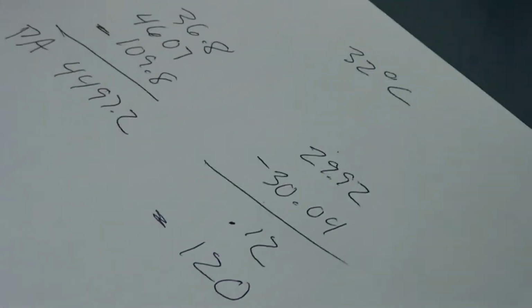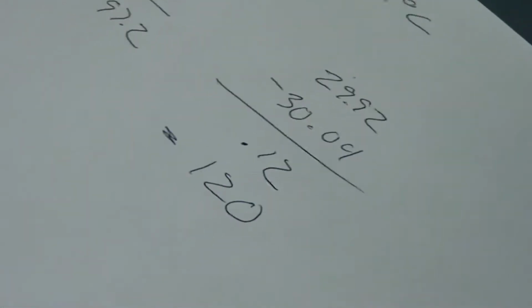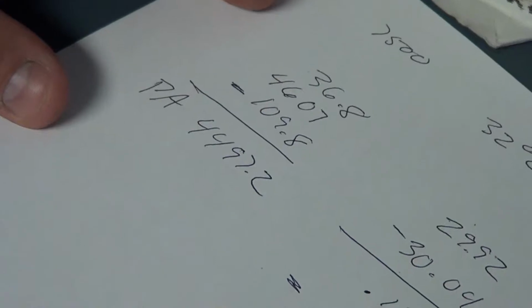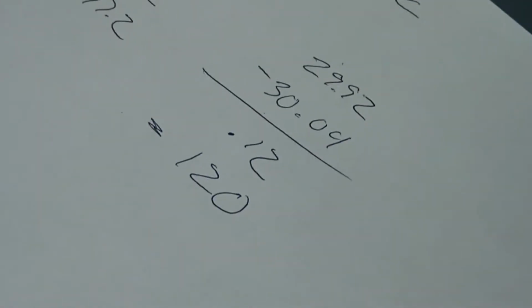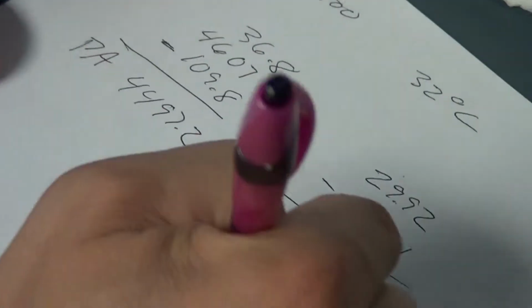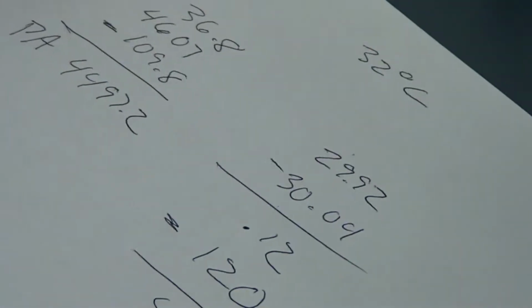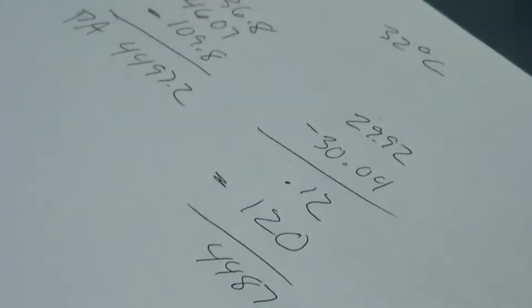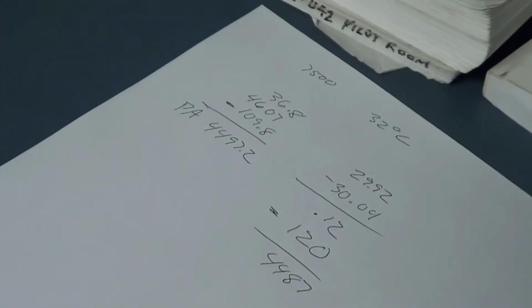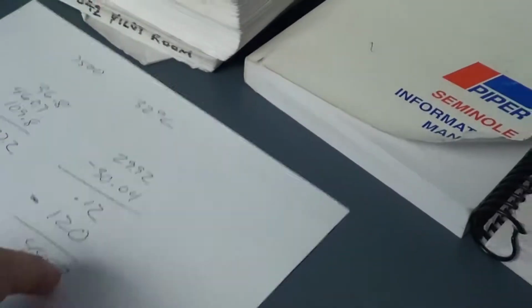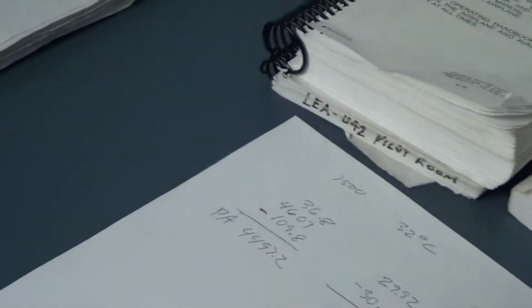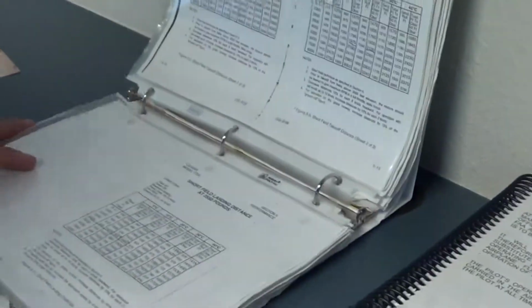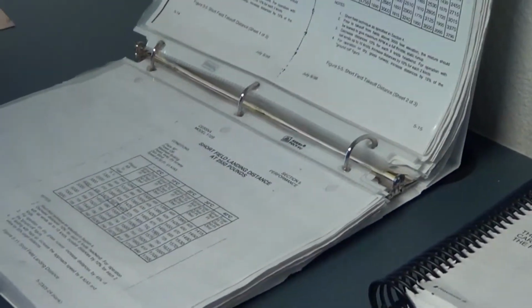So then you do 4607 minus 120, 4487. So it's close. It's only off by 10. Not bad. This way's a little quicker than using the chart. The chart's more accurate, but that works. It's good to see that we hadn't done that one before. So we can use whichever one. We can use this one since it's close to 4,500.